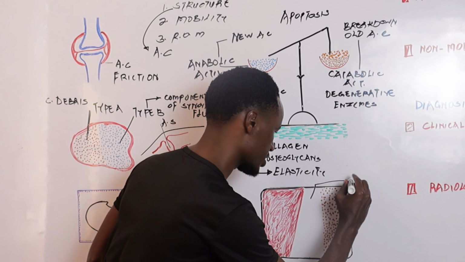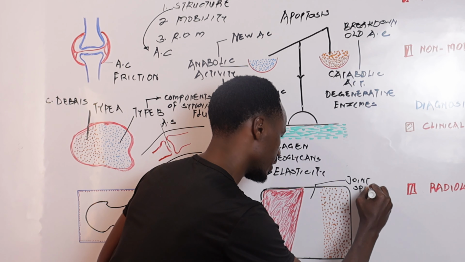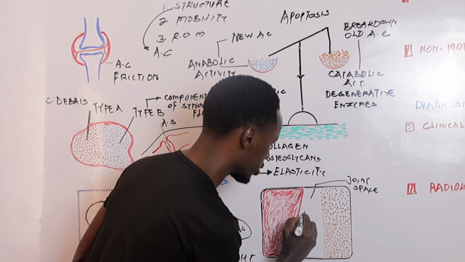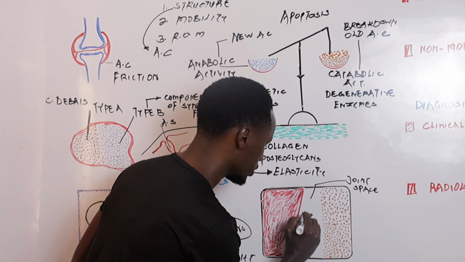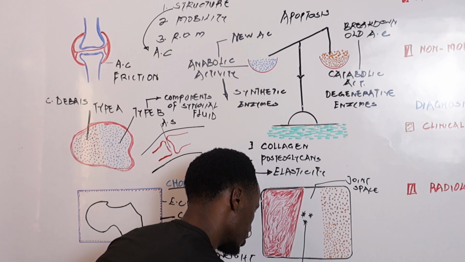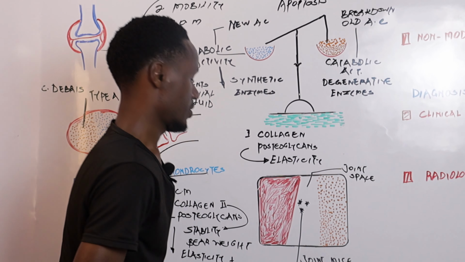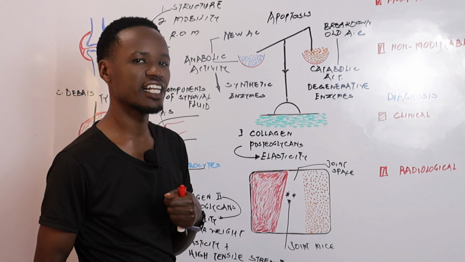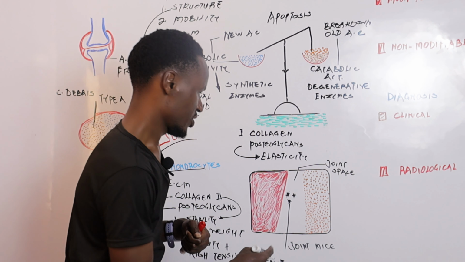So this is the joint space here. And these fragments start falling off here, and they get called joint mice.